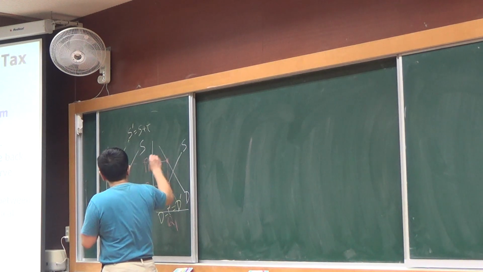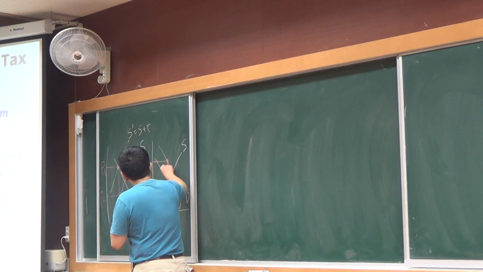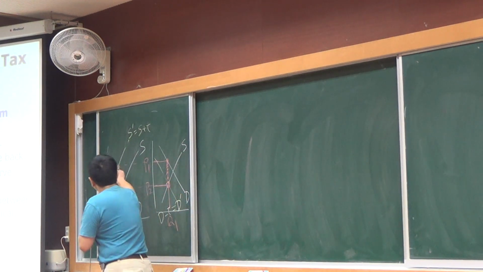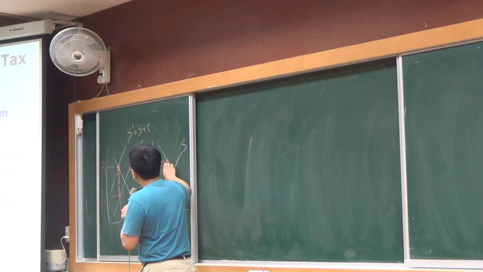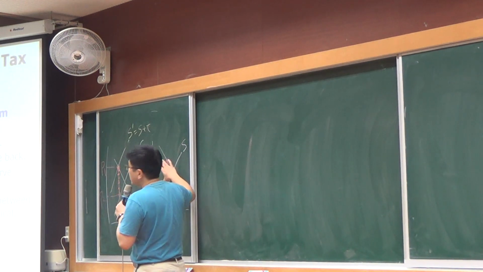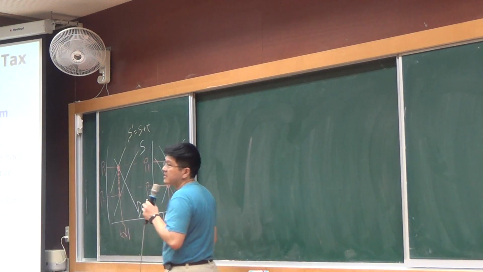So P1 would be the same, P2 would be the same, and the reason why they are the same, because the size here, the tax size, is tau, either in the first case or in the second case.